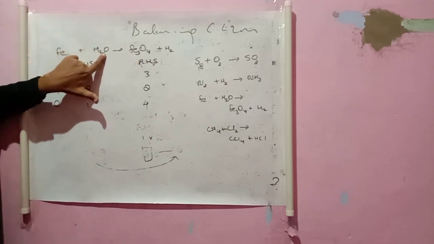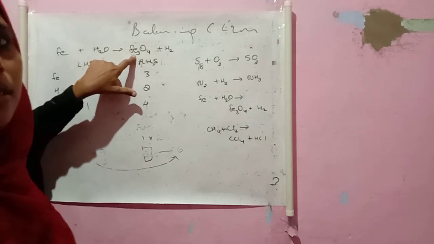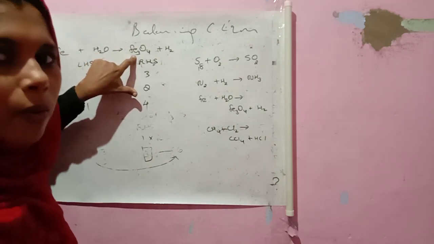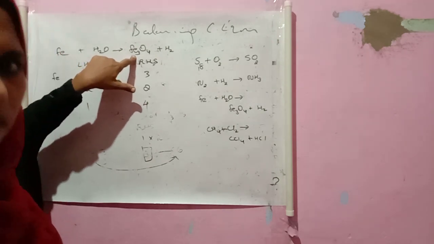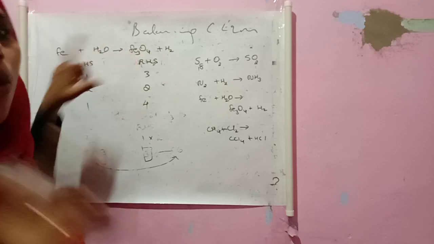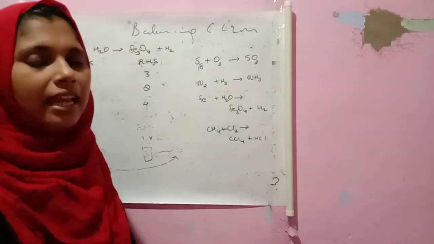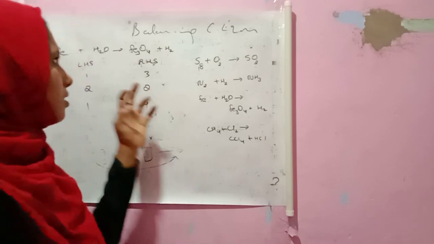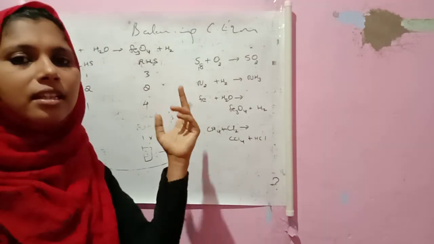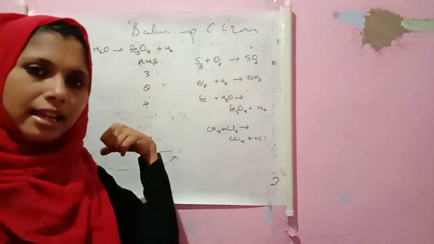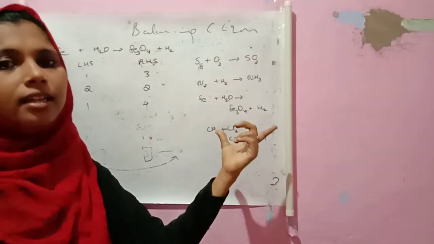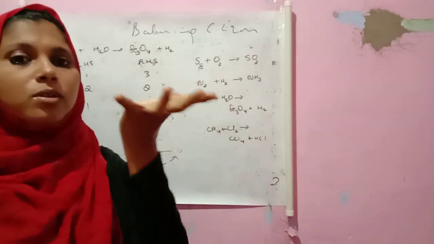Oxygen is in compound state here, and also on this side oxygen is in compound state. So we are choosing oxygen first to balance. Why this one? Because oxygen is in a compound state in both the reactant side and the product side.